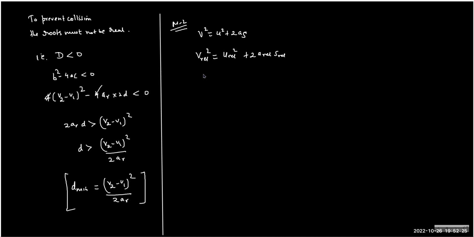Yes. So that becomes 0 square. The initial is v2 minus v1 whole square, and a relative is a2 minus a1, because the rear car will have acceleration of minus a and the front car will have acceleration 0, and the s relative will become D minus 0.